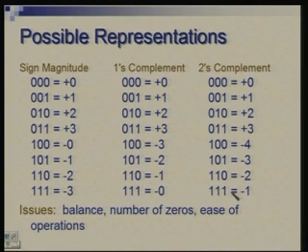So, that is a plus point we are getting, although the negative point seems to be that the range is unbalanced, right. Range is unbalanced in the sense that on the negative side you can go up to minus 4, but on the positive side you can go up to plus 3. So, in general whatever be the number of bits, the range on the negative side will be 1 more than what you have on the positive side.